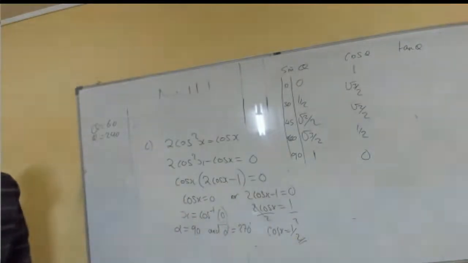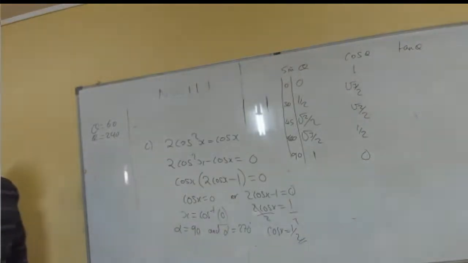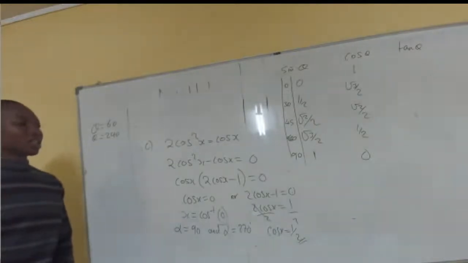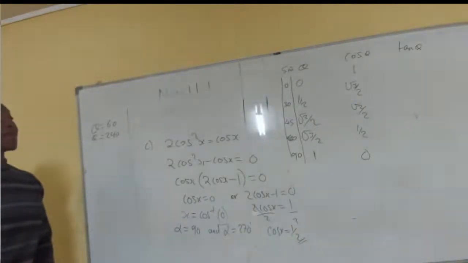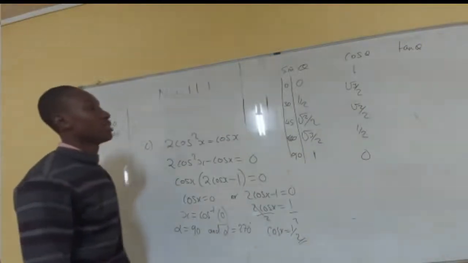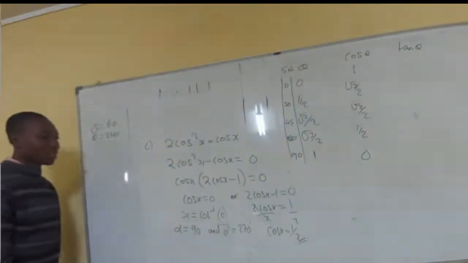So this is what you have. Alpha is 90 and alpha is 270 degrees. Basically speaking, we know that cos is 0 at 90, which is why you have your alpha as 90.